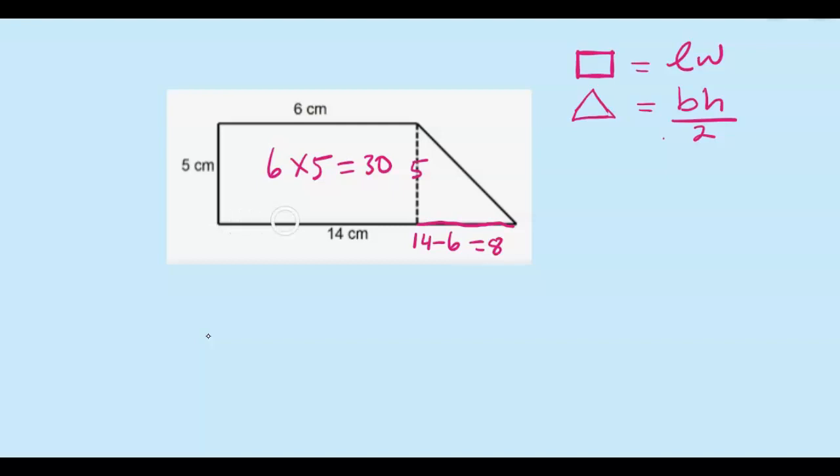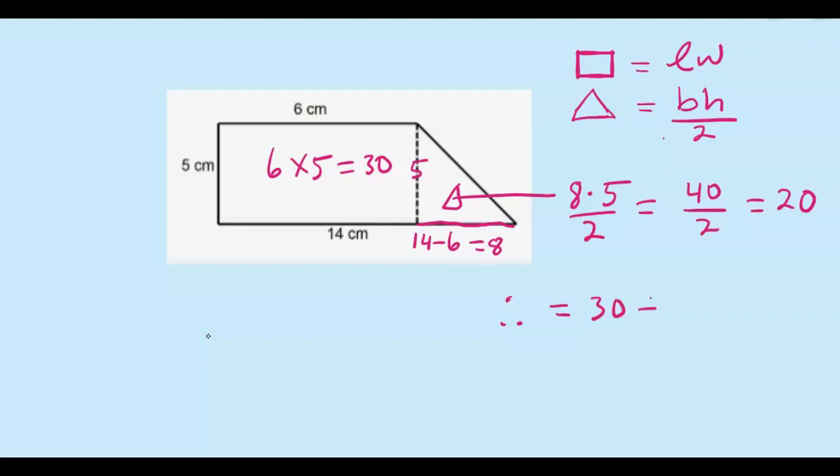The figure is not drawn to scale, so they want you to use your understanding to find it. So the base length is 8, the height is 5, and then we divide by 2. So 8 times 5 is 40, divided by 2 gives us 20. Therefore, the total area of this figure is 30 plus 20 equals 50 centimeters squared.